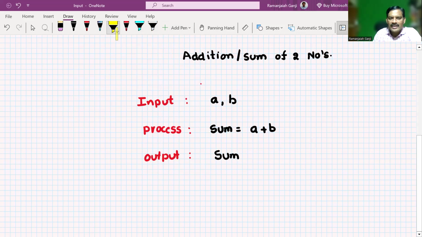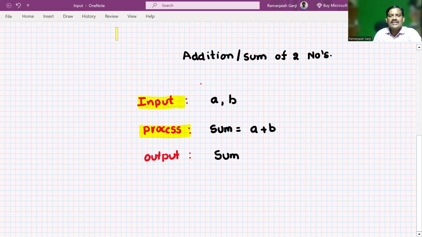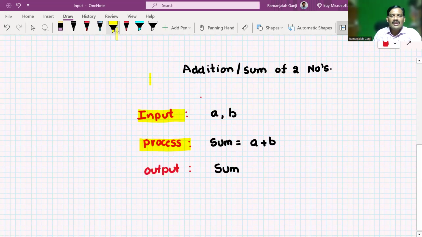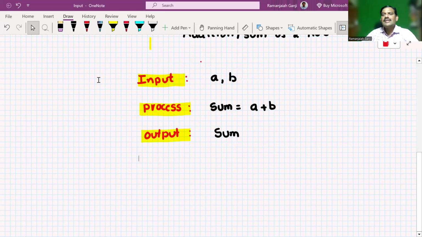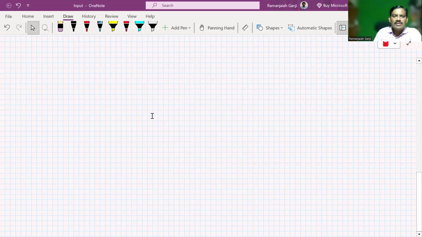Here, the input is A and B, process is sum equals A plus B, and then we have output, that is the sum value. Now, second, if you want to find the area of a rectangle, what is the input? L and B is the input, area is output, process is area is equal to L into B. That is analysis.